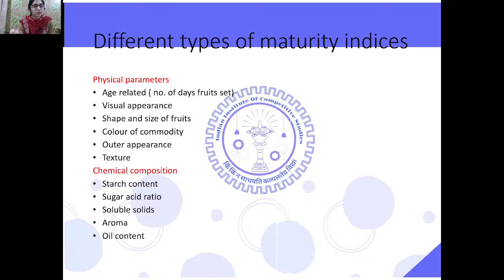The visual appearance, the shape and size of the fruit, the color, the outer appearance and the texture. These are your physical parameters which are the determinants of your maturity indices. Then the destructive ones include starch content, the sugar to acid ratio, the soluble solids, aroma and the oil content. All these are again the criteria to define your maturity indices, that your fruit or vegetable is ready to pluck or not.